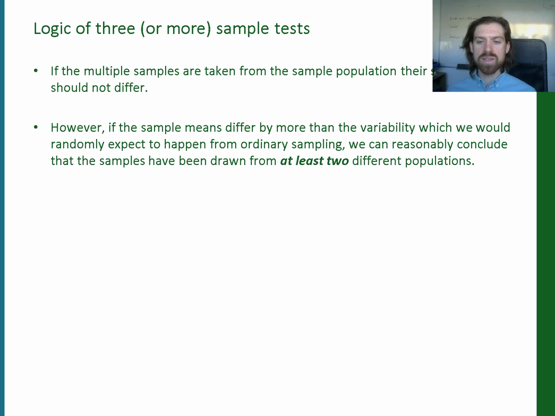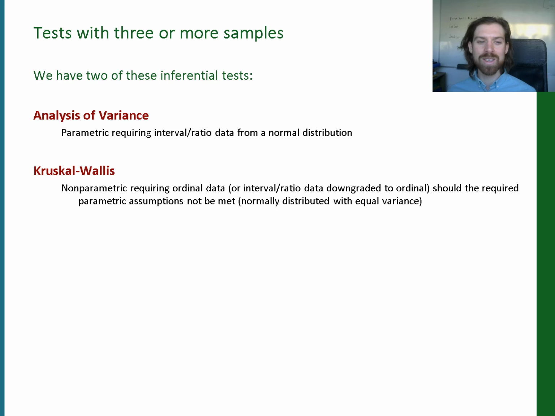It doesn't tell us how many different populations the samples may have been taken from. It just tells us that they may have been taken from at least 2 different populations, and I'll probably return to this to drill this message home as we go through this lecture, but it's pretty important for your understanding.